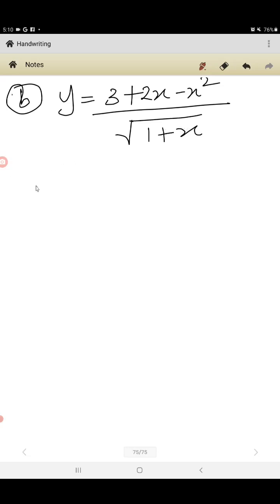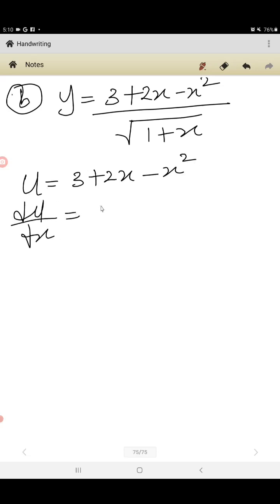So we have to solve it one by one. U is equal to 3 plus 2x minus s squared. Let's differentiate immediately. The u with respect to x will give you 2 minus 2x.